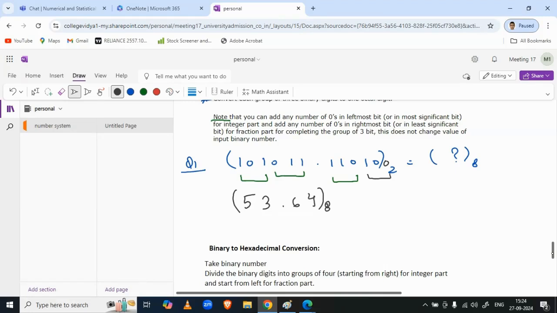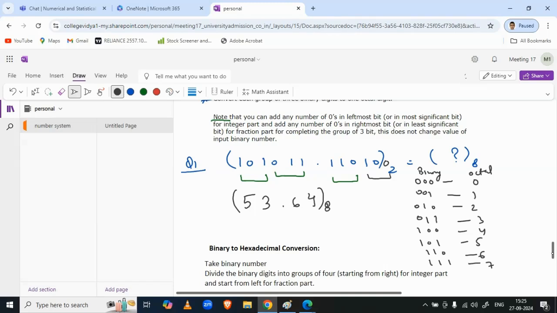So we will put the octal value of this given binary number. Okay, so 000 means 0. This is your octal, and this is your binary equivalent. Right. 001 is 1, 010 is 2, 011 is 3, 100 is 4, 101 is 5, 110 is 6, 111 is 7.